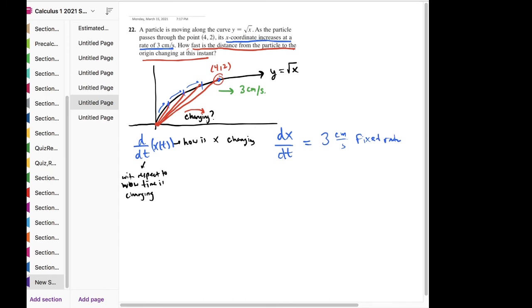Okay, so what does the next underlined sentence mean? What math language can we use there? How fast is the distance from the particle to the origin changing? Maybe we don't need at this instant. So again, it's d/dt. And I'm asking this every single time, but it's a good habit. But what's changing?